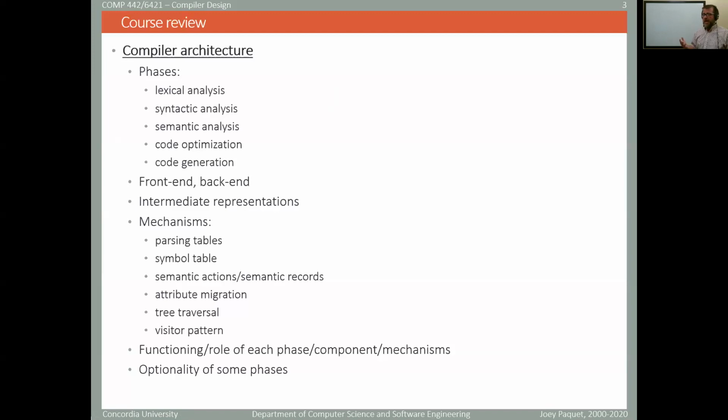If you use syntax-directed translation, you can actually do everything in one phase. There are some things that require more than one phase. It's possible to do more than one phase even if you're using syntax-directed translation, but it's a bit more tricky. So there are some phases that may be optional.